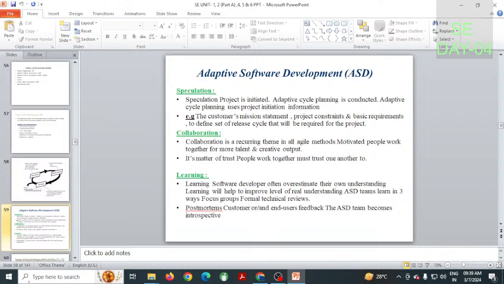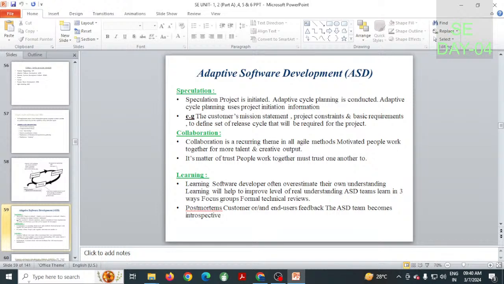It is a primary activity in the adaptive software development framework. In this activity the project is initiated. An entire adaptive cycle planning is conducted from this initiation stage onwards. Adaptive cycle planning uses the initiation of the project and information.